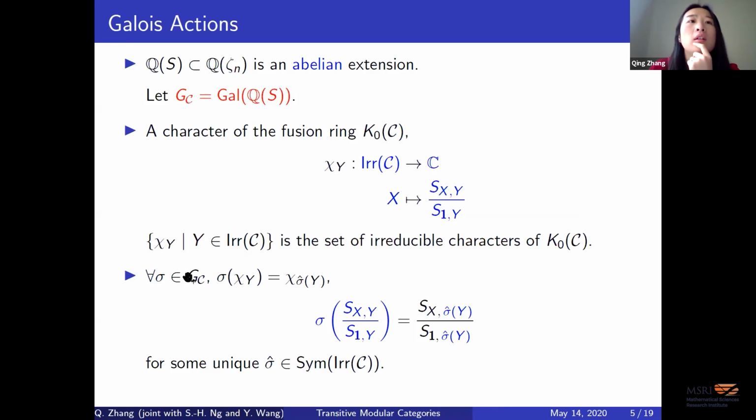We first choose a Galois element from the cyclotomic field and try to see if there's some corresponding one that maps this to this. I don't know if that answers the question. But how much do you need to know? If I just tell you the S matrix, is it easy to figure out what sigma hat is?